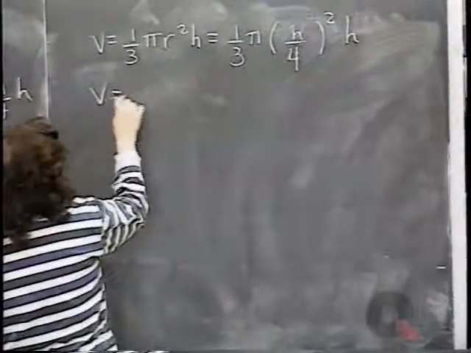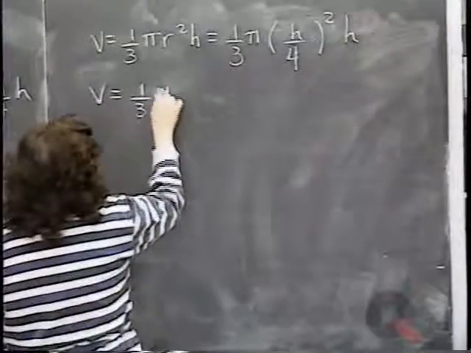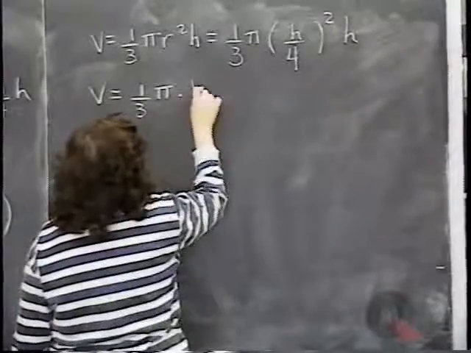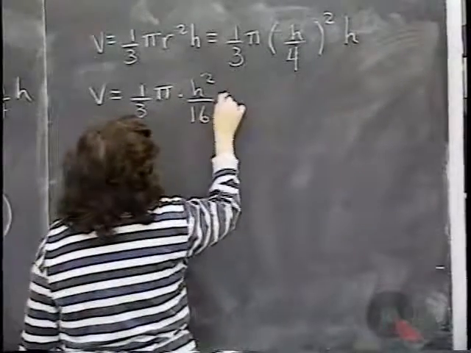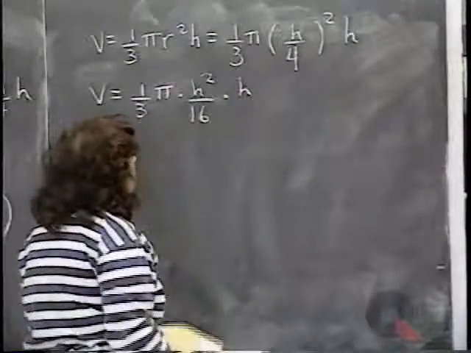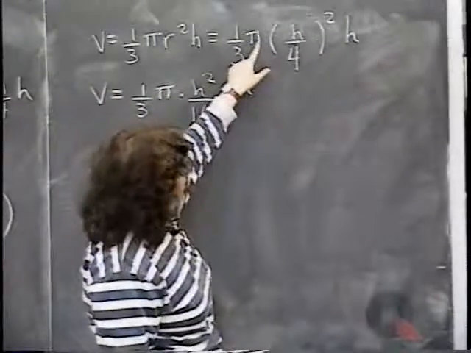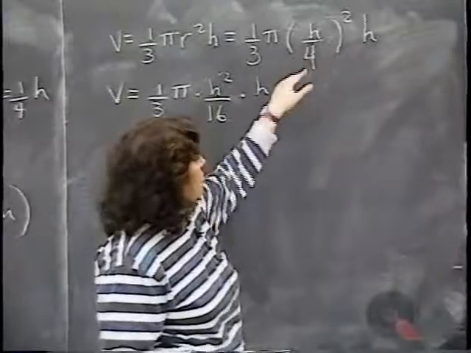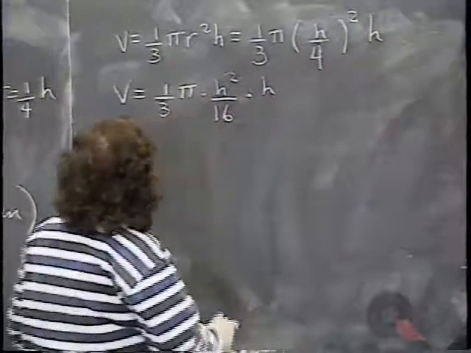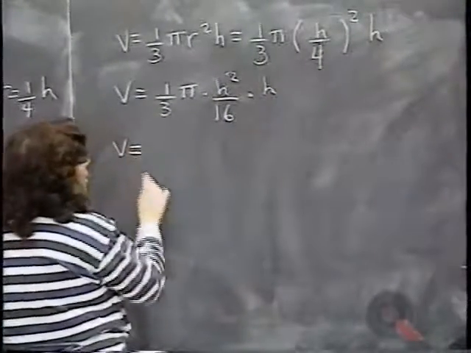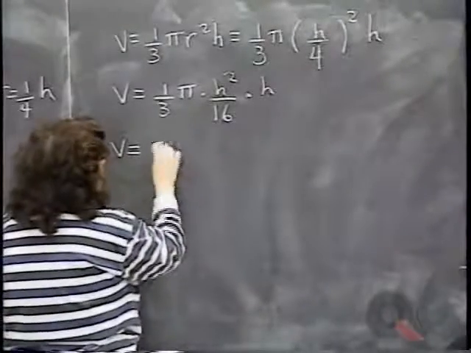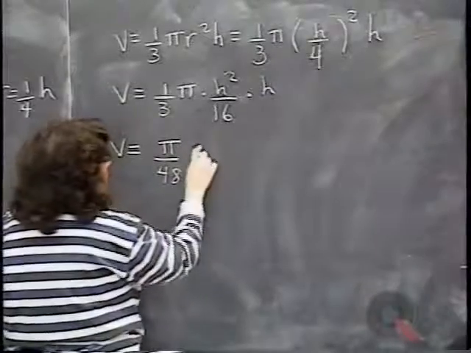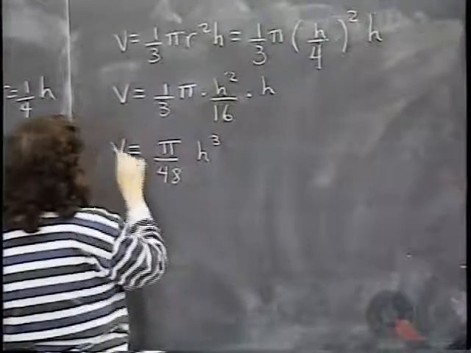So V is 1/3 pi. Now H over 4 squared would be H squared over 16 times H. Or V is, let's see, pi over 3 times 16, pi over 48, H cubed.